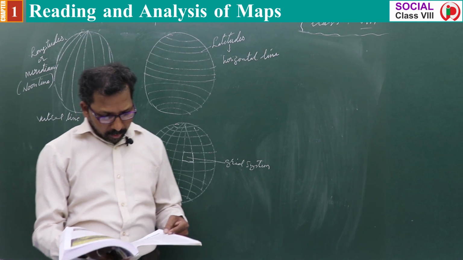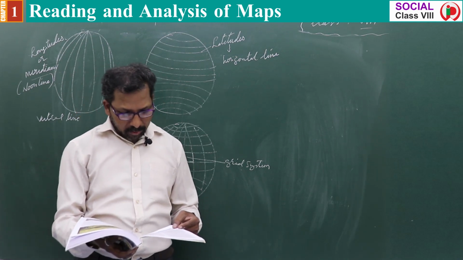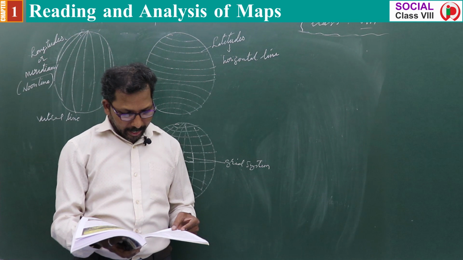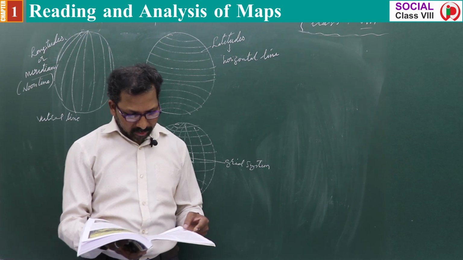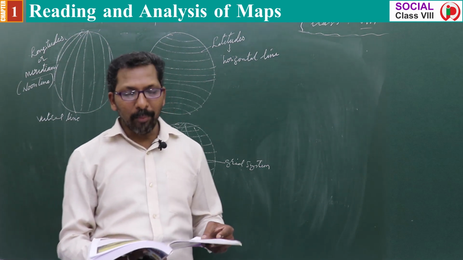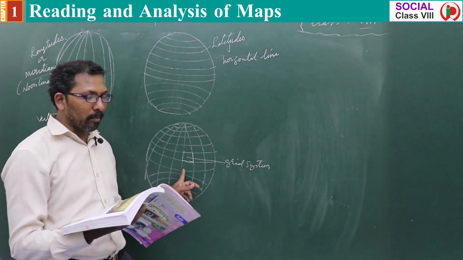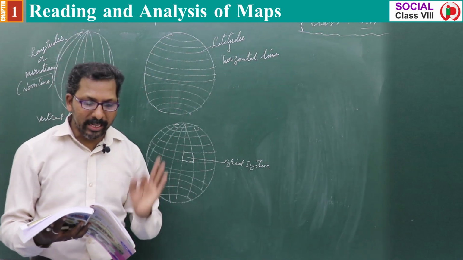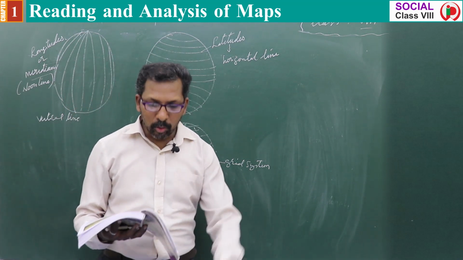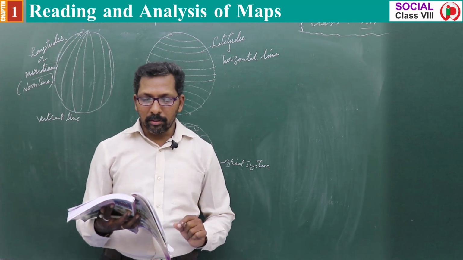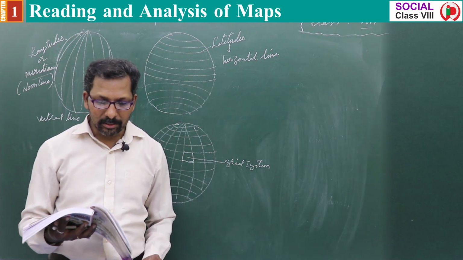They also tried to draw latitudes by connecting places which had equal length of shadow at noon. With the help of these two kinds of lines, they drew the grid on the map and located all the places from west to east and north to south along these lines.